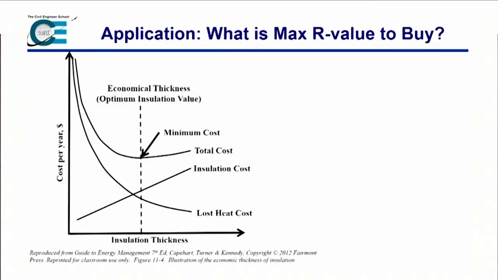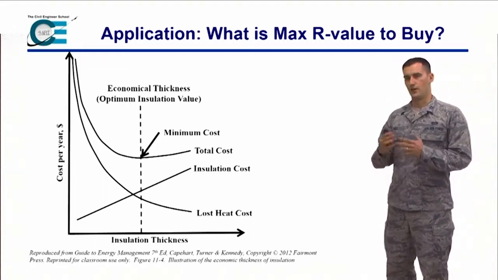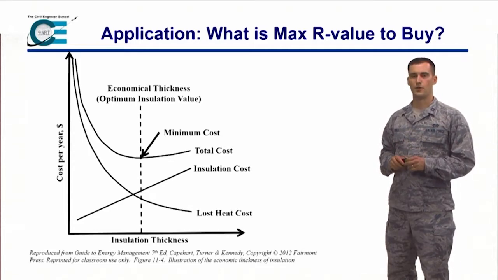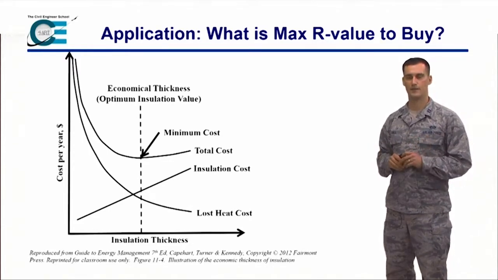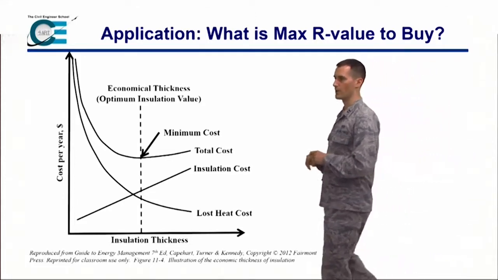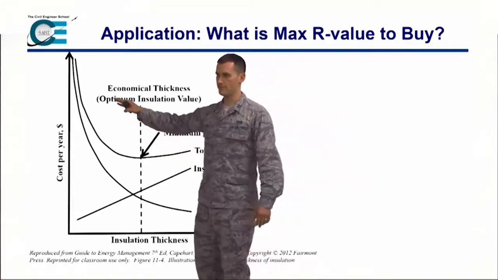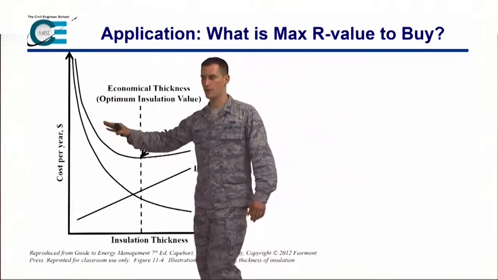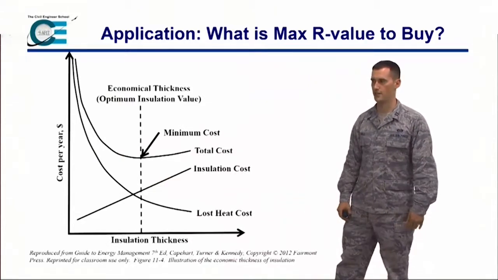All right, just one last slide here before we put you on a break and go on to moisture. What is the best thickness I should have for my money? What you're going to see here is that on the y-axis I have cost per year, and on the x-axis I have how thick that insulation is.